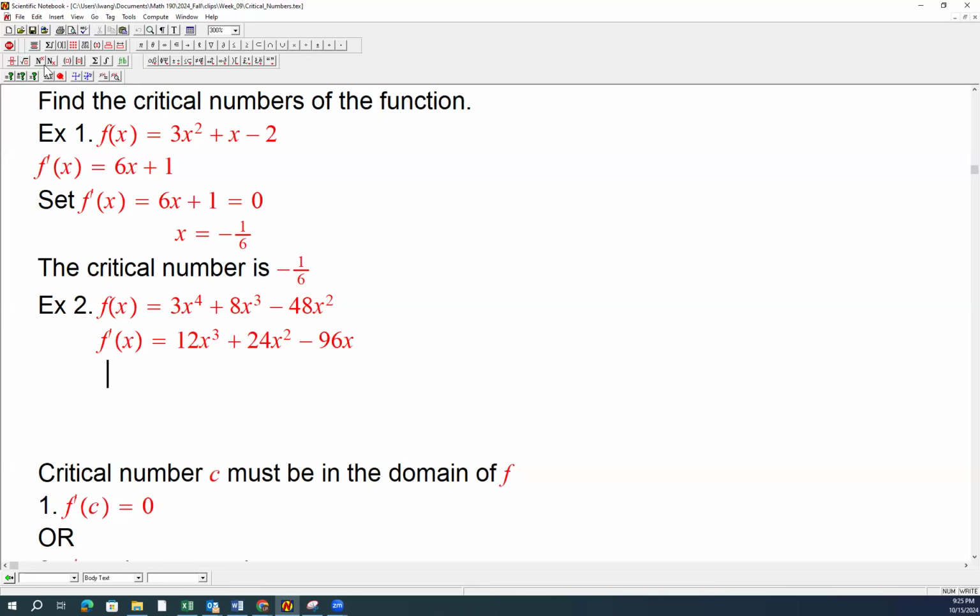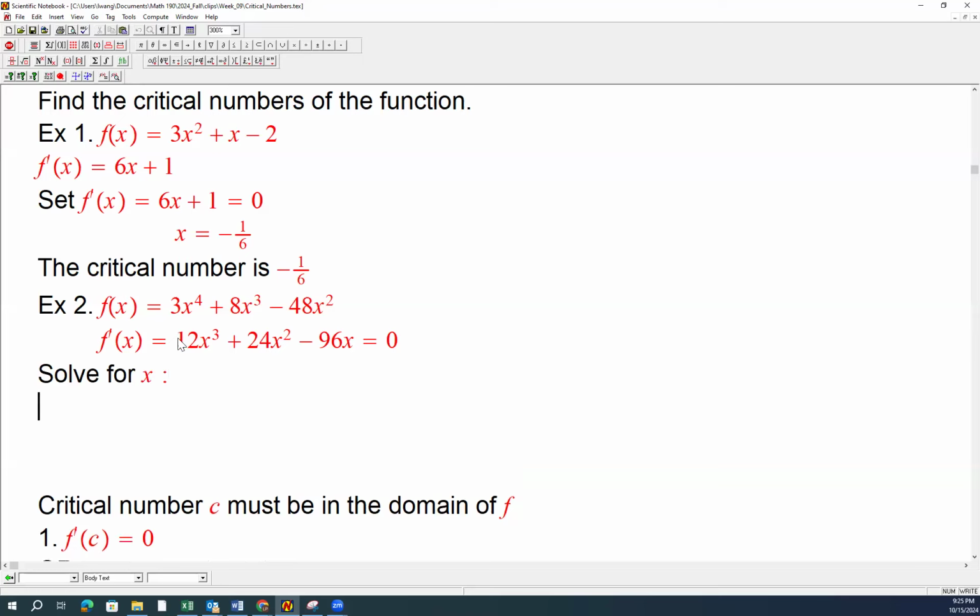And then we're going to have to find the critical numbers. Usually you just set it equal to 0 and solve the equation. So now we're going to solve for x. The major technique here is factoring. From this equation, we factor out the common factors. It looks like we can factor out 12.